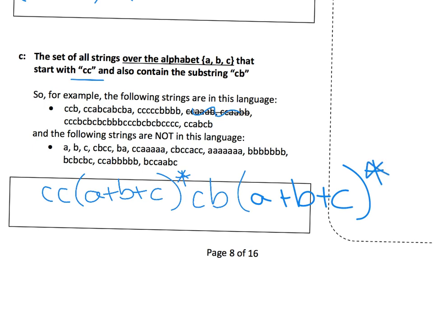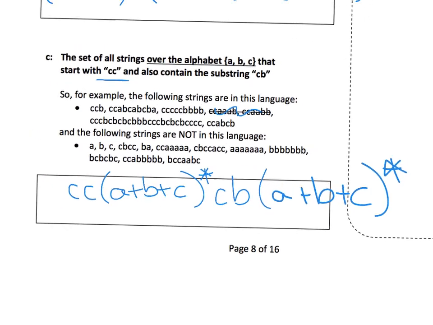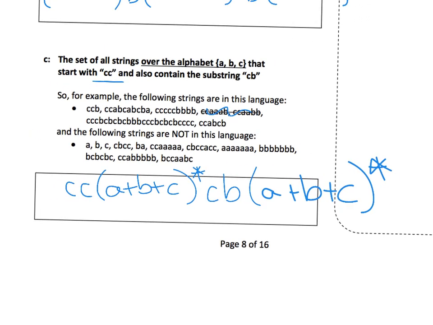Now the catch is that if you look at what I asked for, there's one string that I give you as an example that still meets the definition that I gave you up at the top, but is in this list and is not in the language that we've defined here so far.